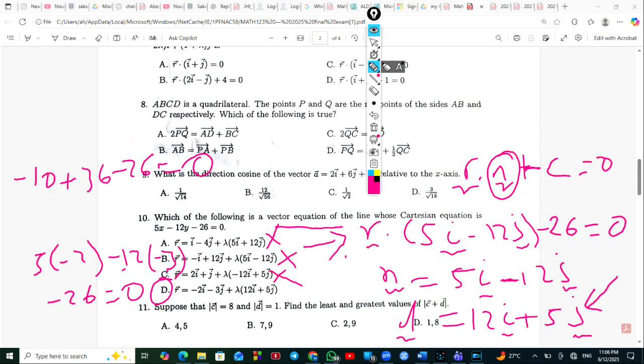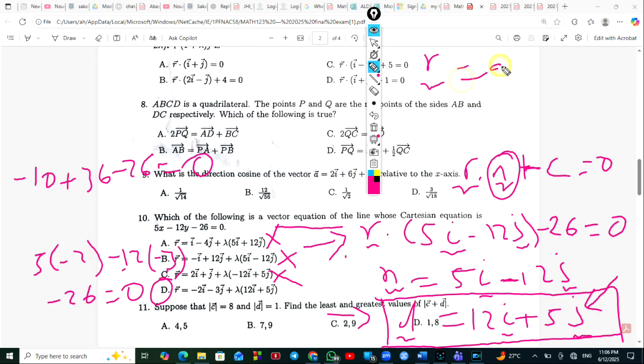As you know, if you get a hint like this, the first thing we would have done is to find this point. But after finding this hint, knowing that our d is this d, the direction vector should be this, because in the vector form we should have r equal to a plus lambda multiplying d, which is 12i plus 5j.